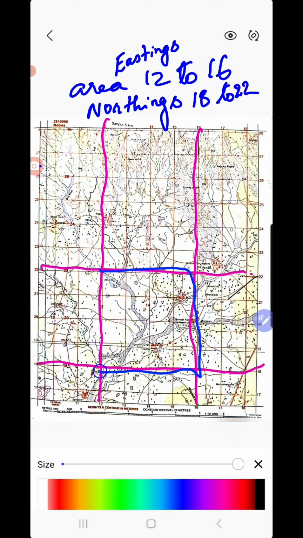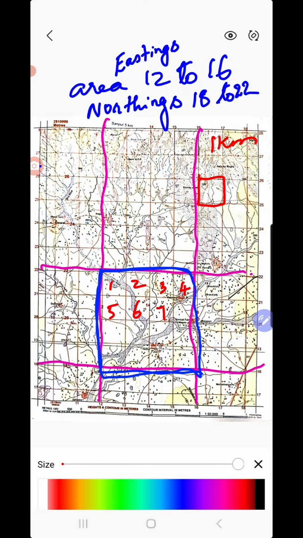So how many grid squares are there? 1, 2, 3, 4, 5, 6, 7, 8, 9, 10, 11, 12, 13, 14, 15, 16.